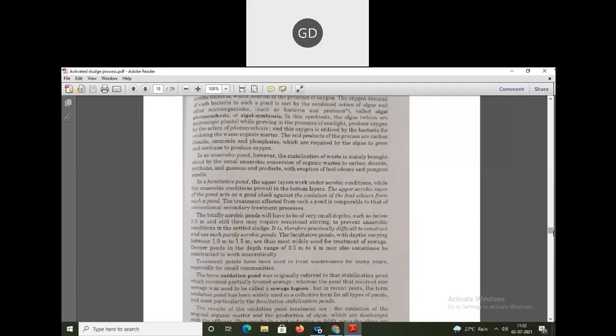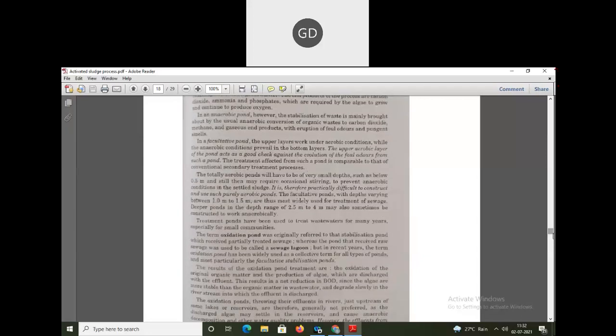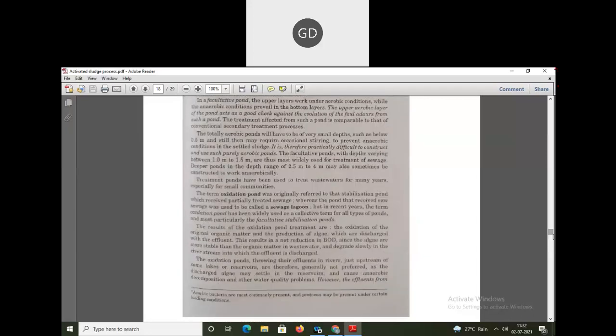The results you are getting from an oxidation pond are the oxidation of the original organic matter and the production of algae, which are discharged along with the effluent.